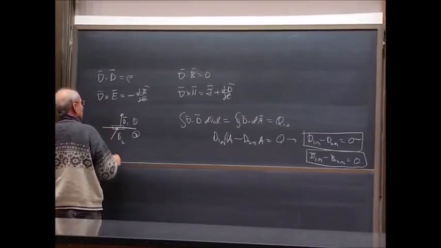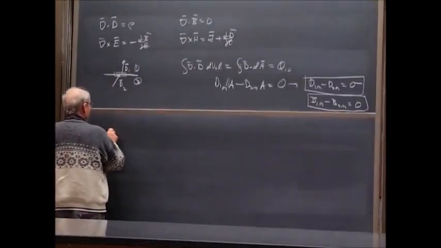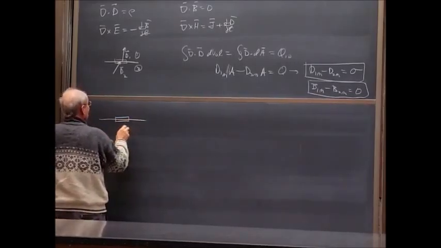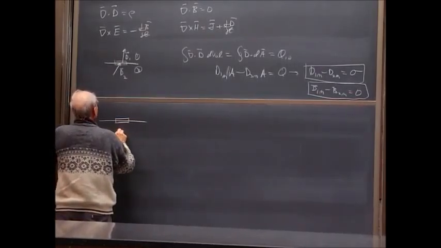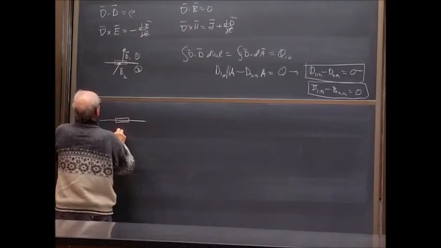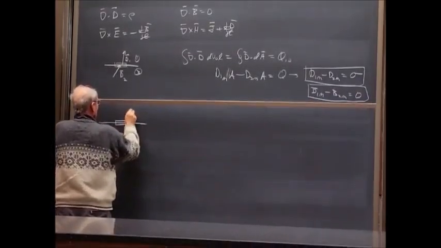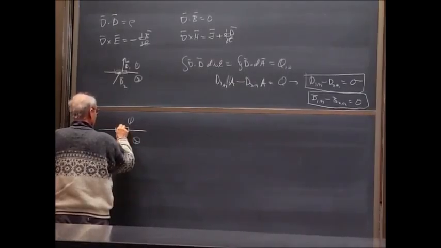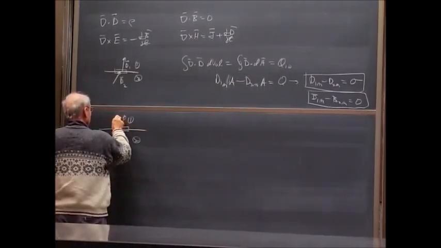Now this one. Here, we get our two interfaces. And now we've got E. This is 1. This is 2. You got E coming like that. You got E going like that.